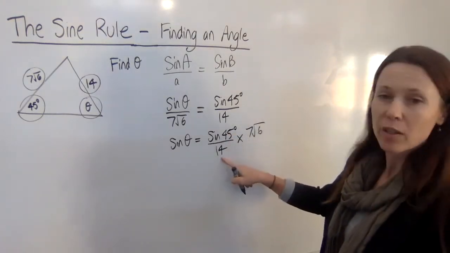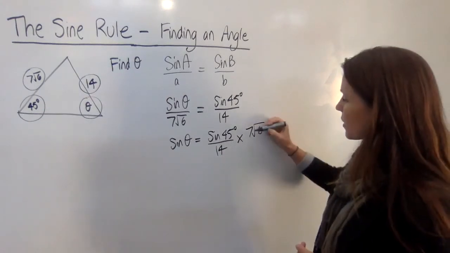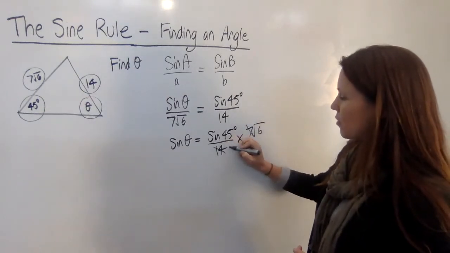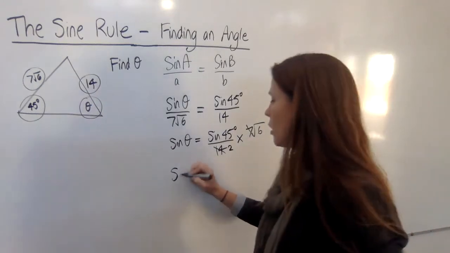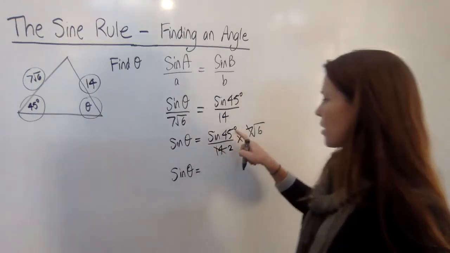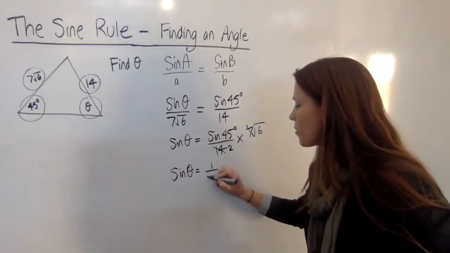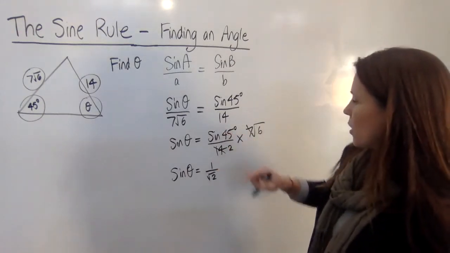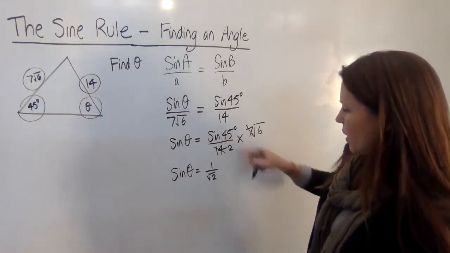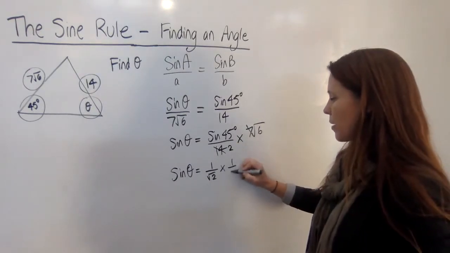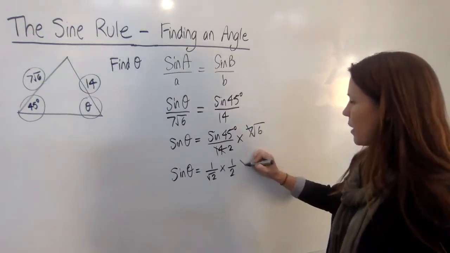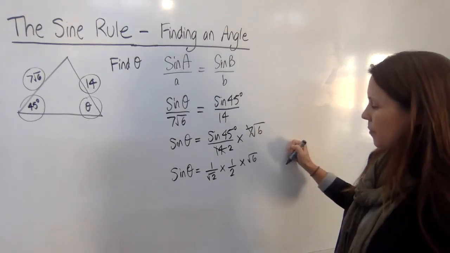Now here I can see I've got 7 and 14, so I'm going to simplify this by dividing by 7 and dividing by 7. On the next line, I can also see I've got sine of 45 degrees, and I know that that's an exact one. That's 1 over root 2. So I've got sine of 45 divided by 2. I'm going to just multiply that by a half, and multiply that by root 6.